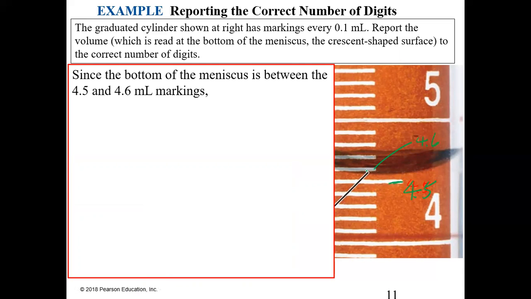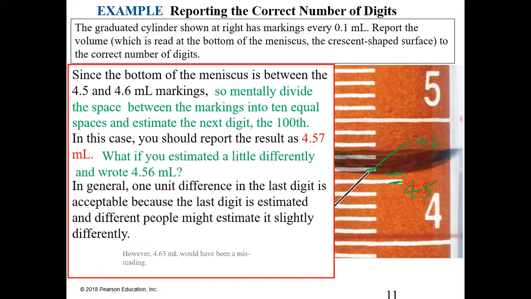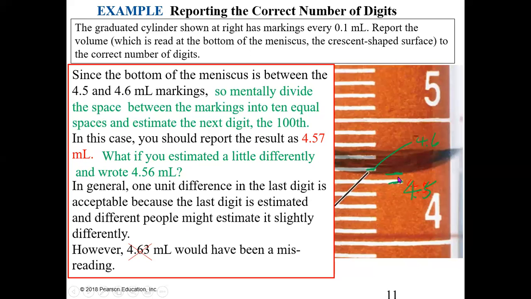This meniscus, the lowest point, is the line you want to read. So you don't stop at 4.5, neither 4.6. You want to estimate. One possible reading the textbook gave is 4.57. And reading 4.58 or 4.56 is all acceptable. But you don't read 4.63, because this meniscus is clearly below 4.6.